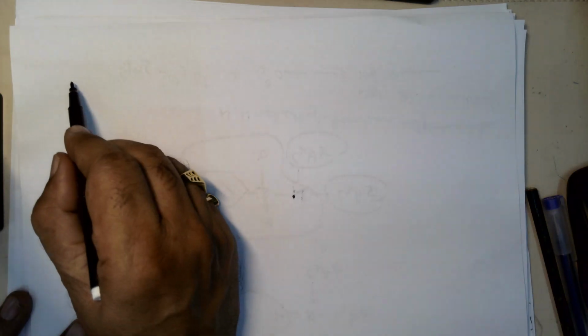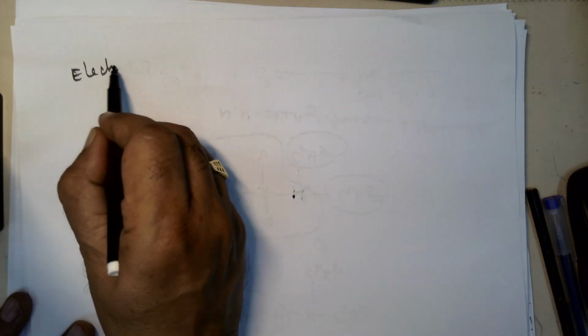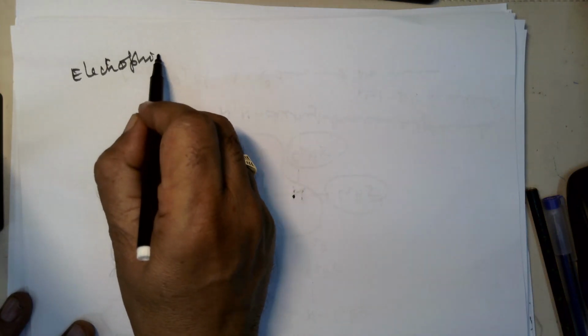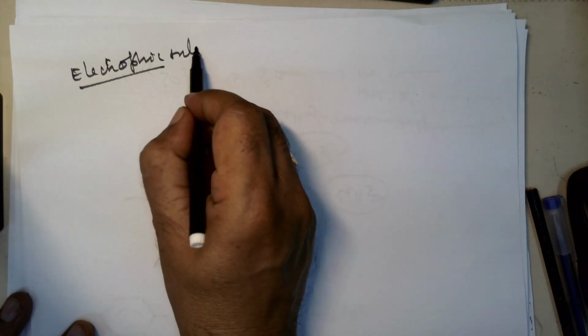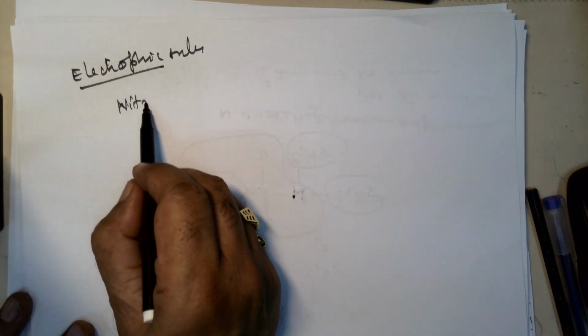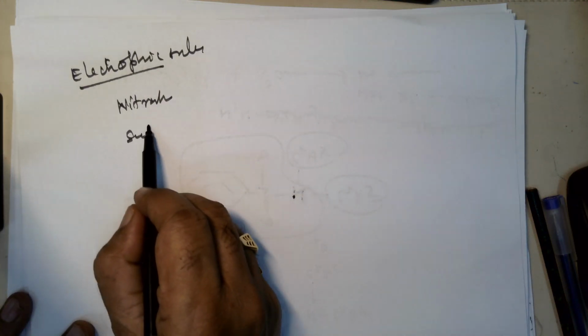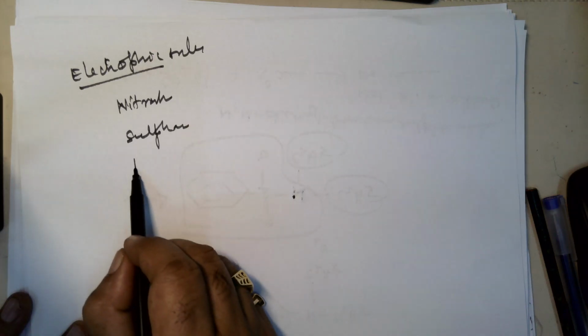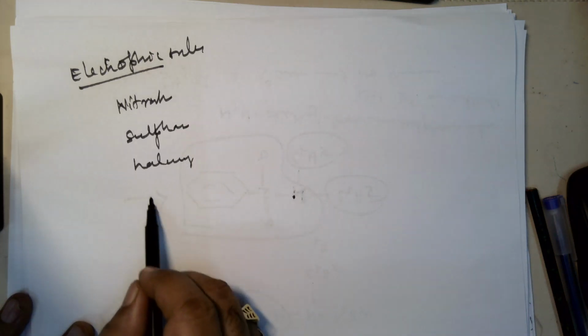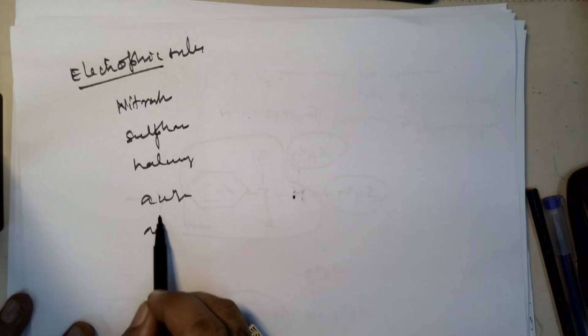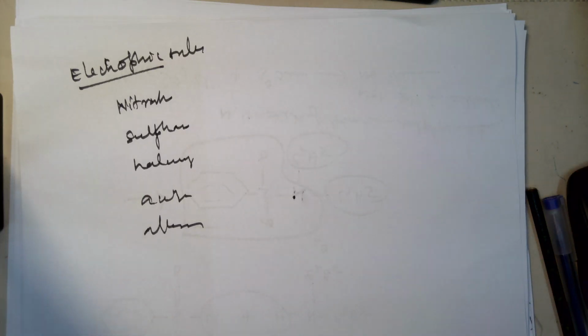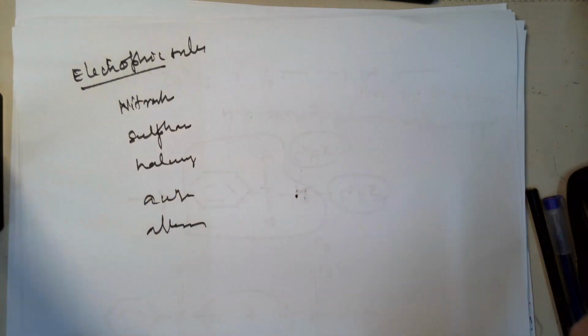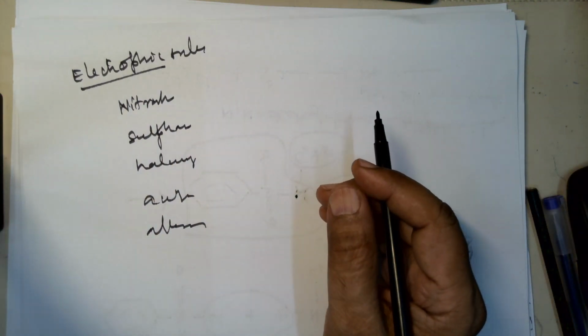Now, electrophilic substitutions. As you know, electrophilic substitutions include nitration, sulfonation, halogenation, acylation, alkylation, etc. All of them follow general electrophilic substitution.